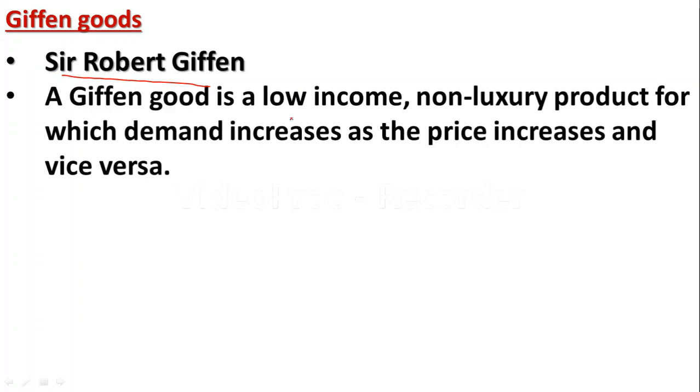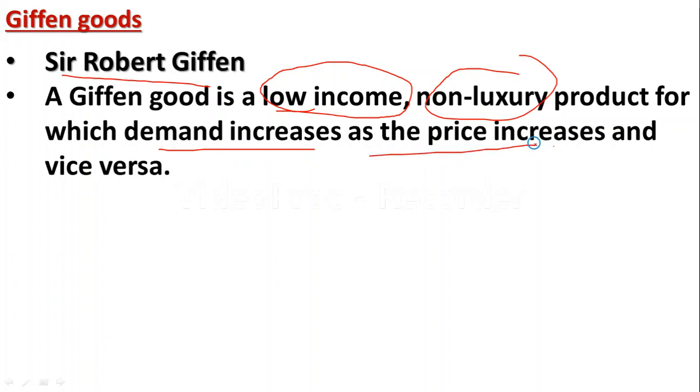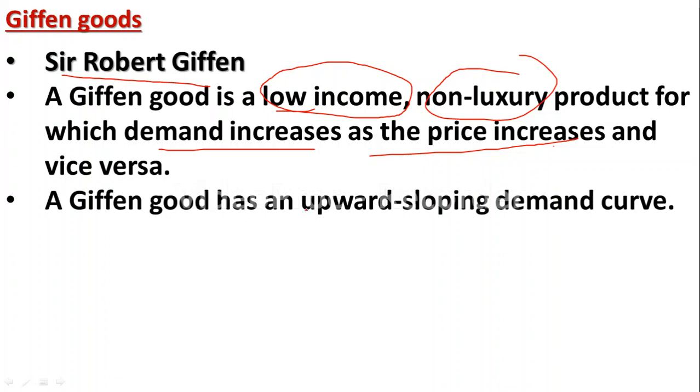The next one is Giffen goods. Giffen goods were given by Sir Robert Giffen, and a Giffen good is a low income and non-luxury product for which demand increases as price increases, and vice versa, meaning demand decreases as price decreases. Yes, a Giffen good has an upward sloping demand curve.